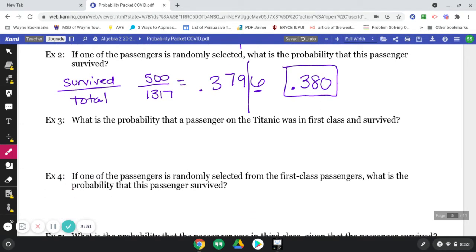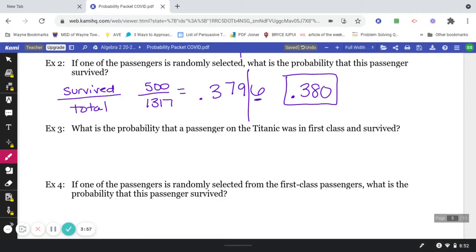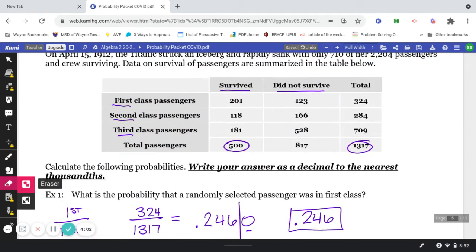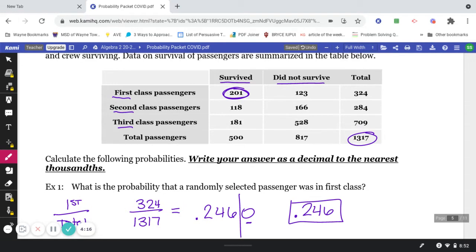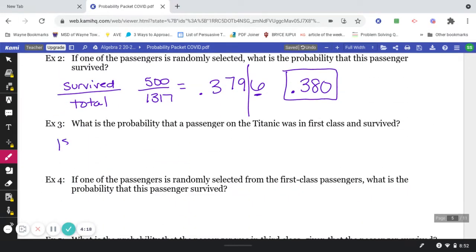Example 3, what is the probability the passenger on the Titanic was in first class and survived? So we're looking for just the first class passengers who survived. So first class survived would be this group right here. Notice how it's in both of those categories. And out of the total, 1,317. So first and survived out of your total, 201 out of 1,317.